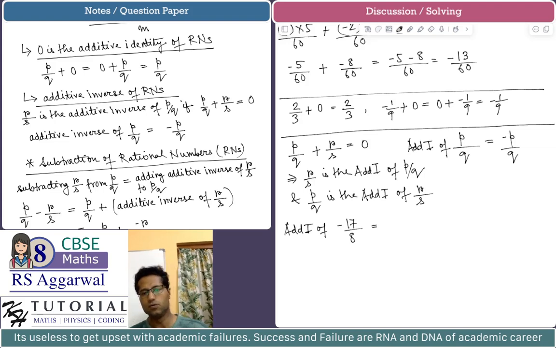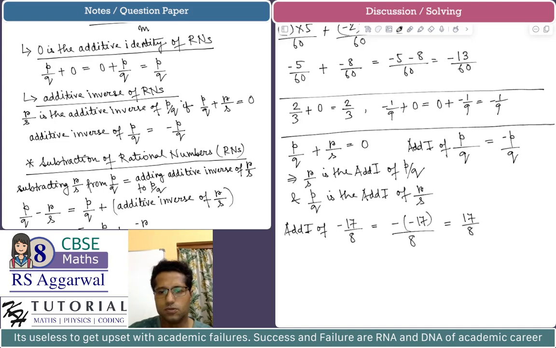This is equal to, you just take the negative of the numerator. The numerator is already negative, so I will take the negative of the numerator by 8. Now minus of minus 17 is 17 by 8. So 17 by 8 is the additive inverse of minus 17 by 8. And also you can say minus 17 by 8 is the additive inverse of 17 by 8.